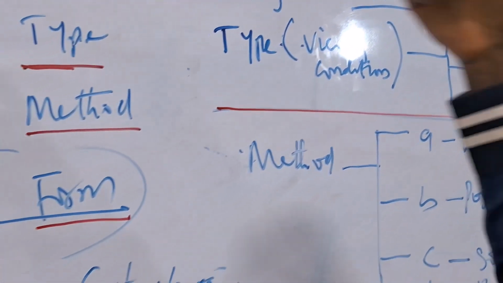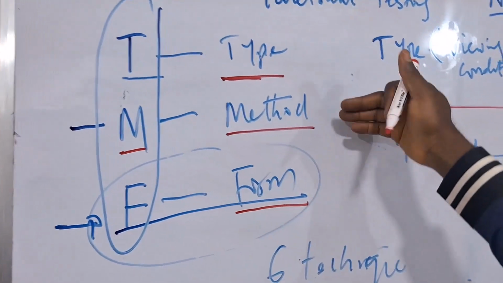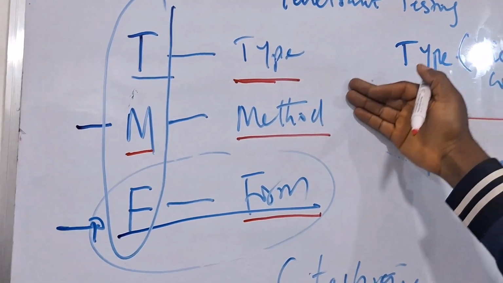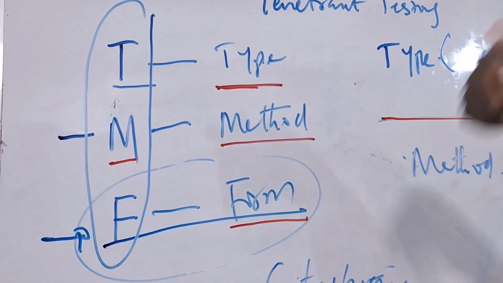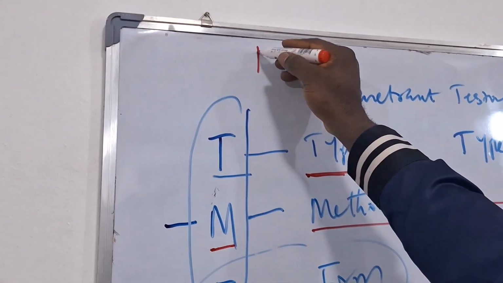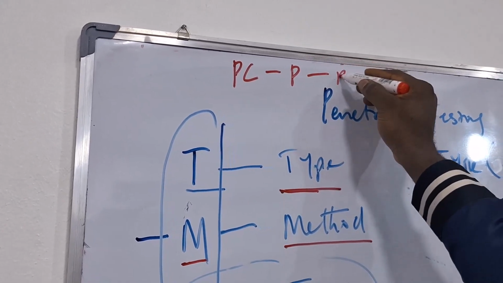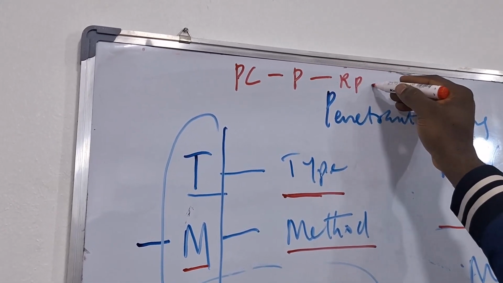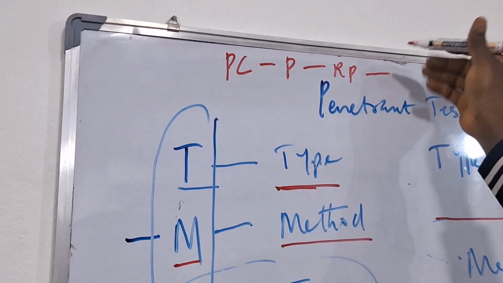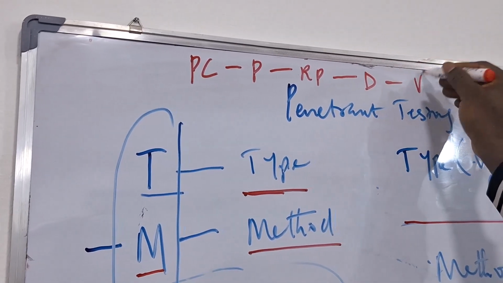So, when you go to the method, it tells you how do you remove excess penetrant when you have applied the penetrant, because we know our penetrant testing method is you do your pre-cleaning, you do your penetrant application, then you remove your excess penetrant, then you apply your developer, then eventually you view to get your results.